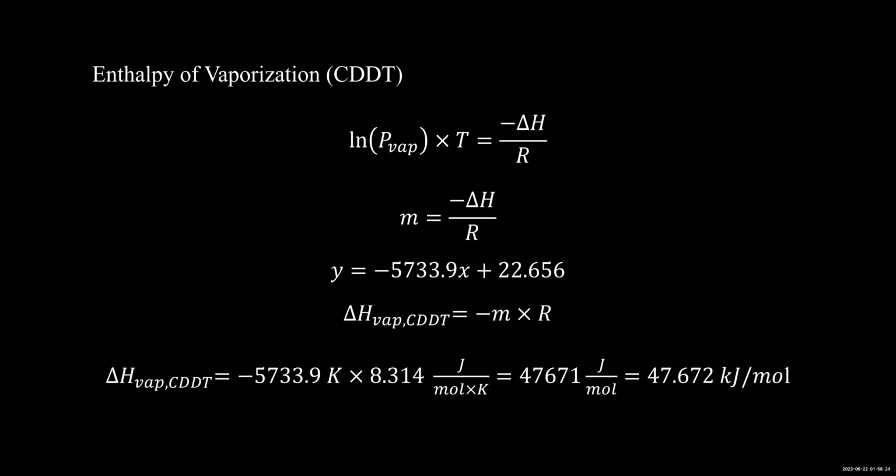So this equation can be rearranged to determine the enthalpy of vaporization for CDDT. The slope of the line of regression is equal to the negative enthalpy over the gas constant. This analysis yielded a value of about 47.67 kilojoules per mole for the vaporization enthalpy of CDDT.